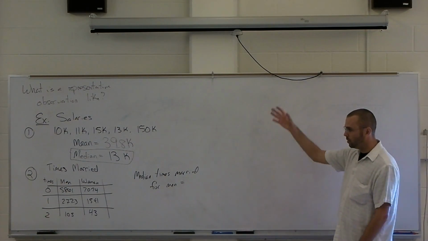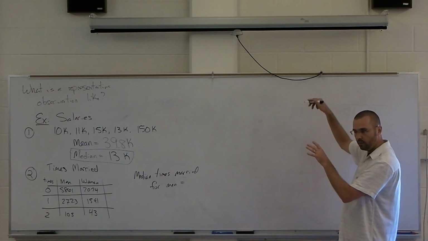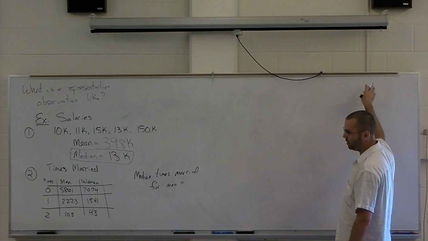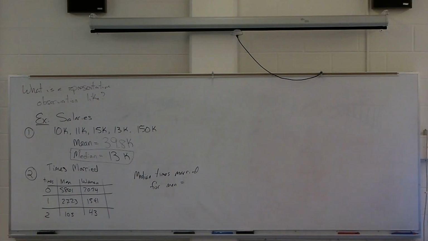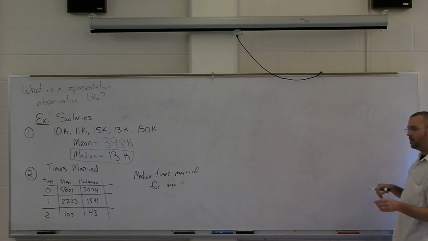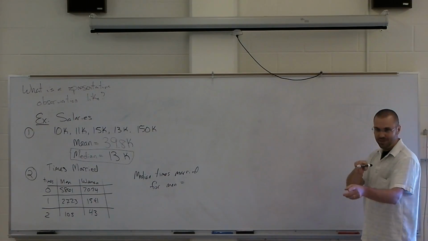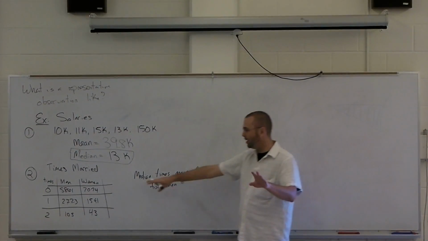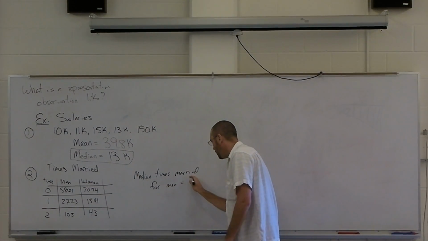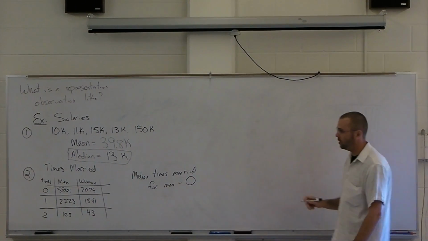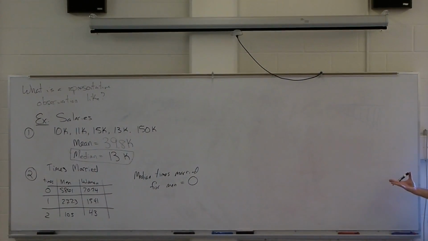If I was to write out all of those values, I would write 0, 5,861 times, 1, 2,723 times, and 2, 105 times. What number would be in the exact middle? 0. The zeros would be where the median lies. So the median times married for this collection of data would be 0.